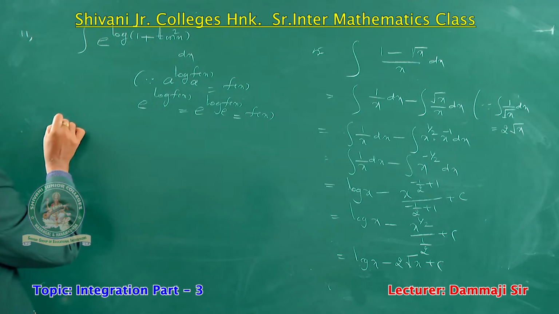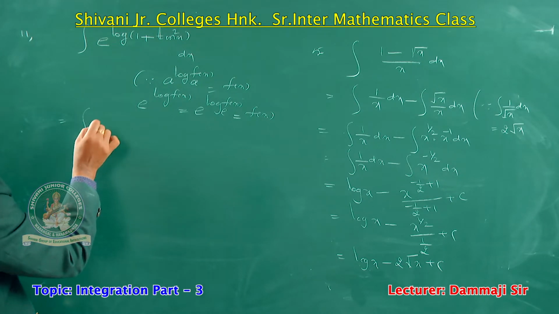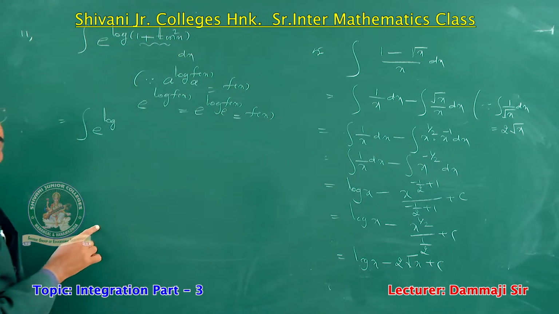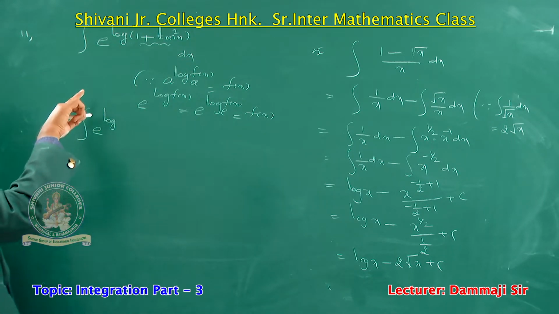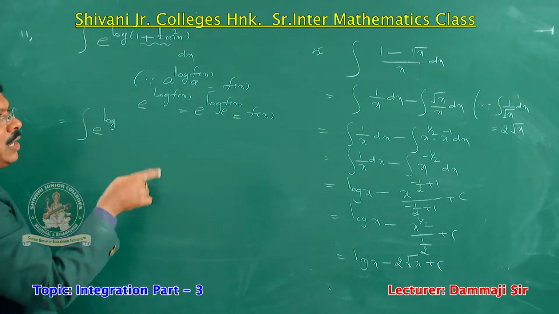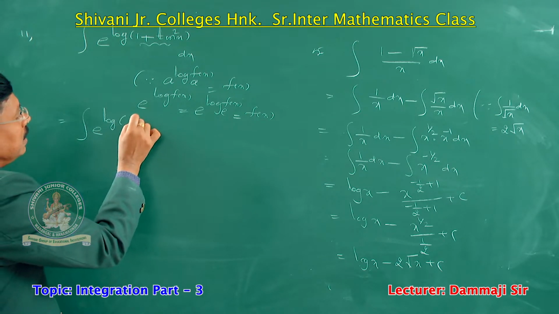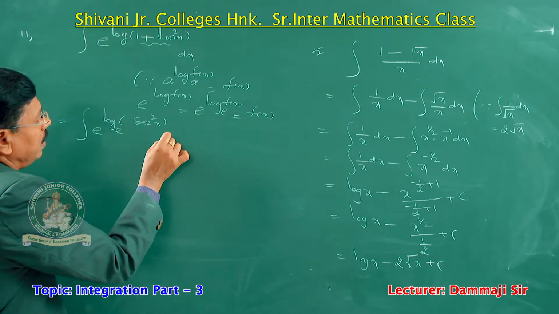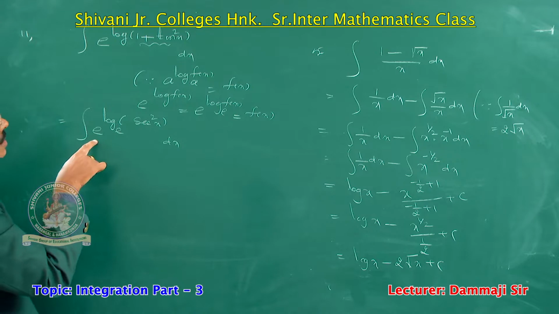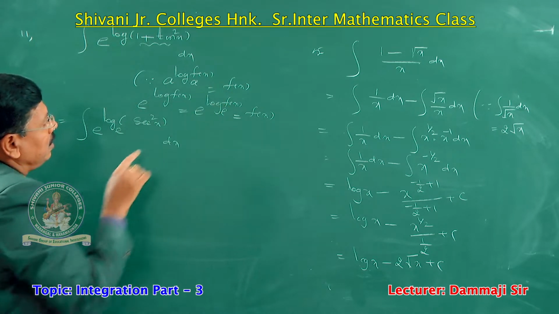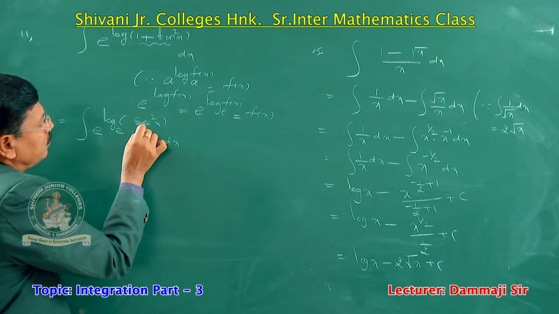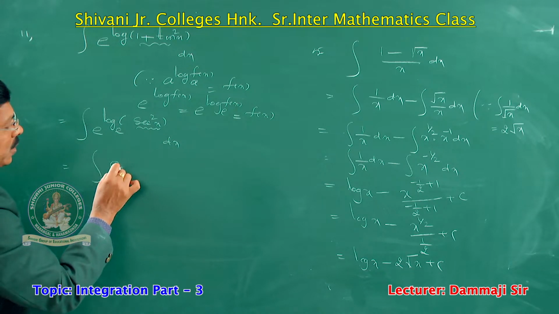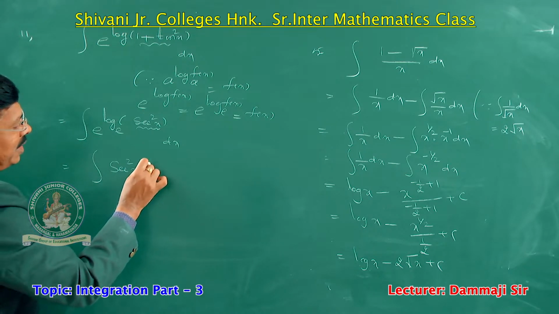In the given problem we have e power log of 1 plus tan square x, which by the trigonometric standard identity is secant square x to the base e dx. Now we apply the properties of logarithm: in place of f of x we have secant square x.